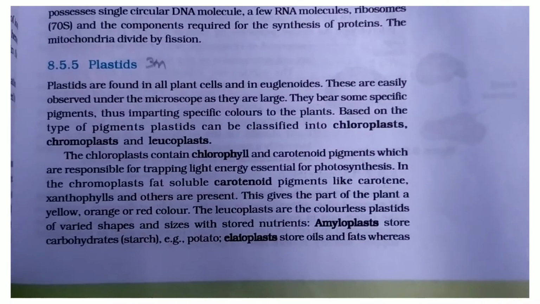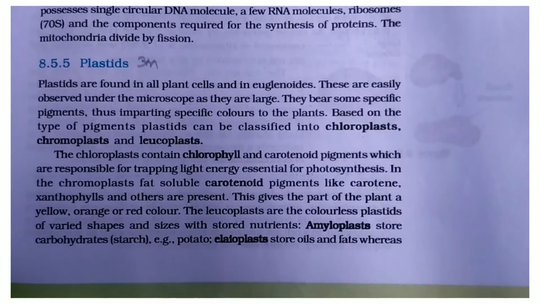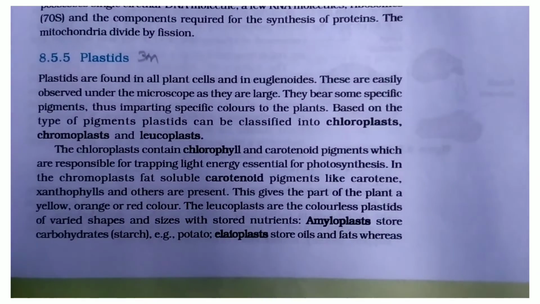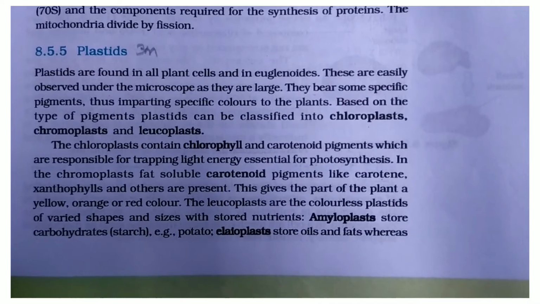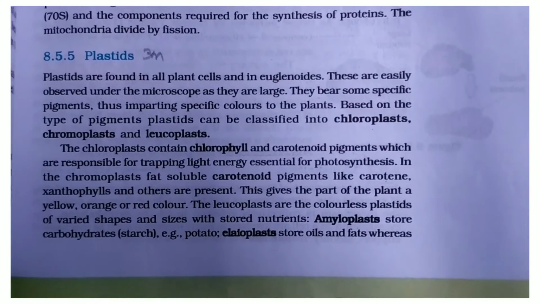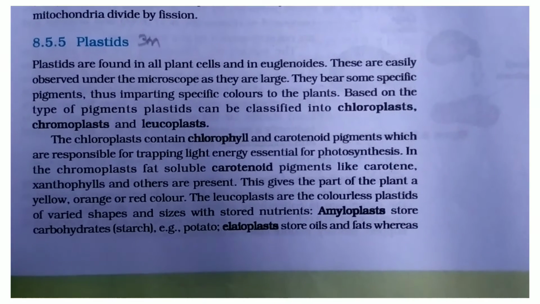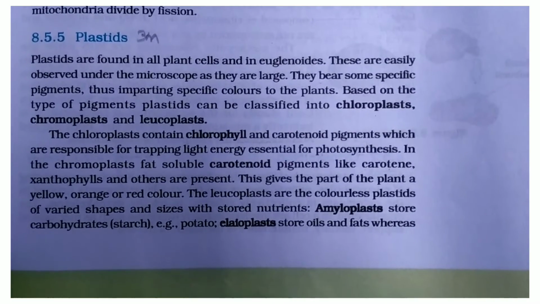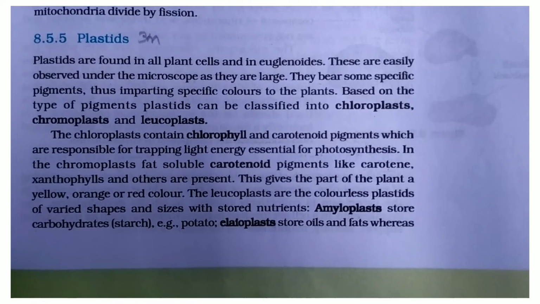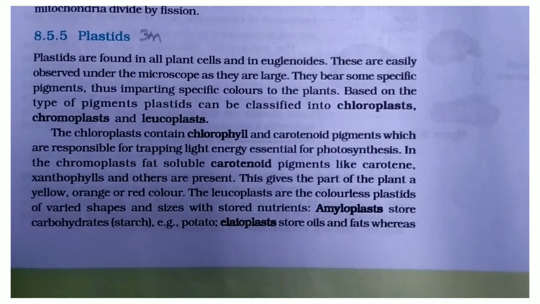Chloroplasts are found in plant cells, especially in the leaf, as they contain chlorophyll and carotenoid pigments which are responsible for trapping the light energy that is required for the photosynthesis process. Chromoplasts consist of carotenoid pigments like carotene, xanthophylls, and also other pigments. Other plastids include amyloplasts.